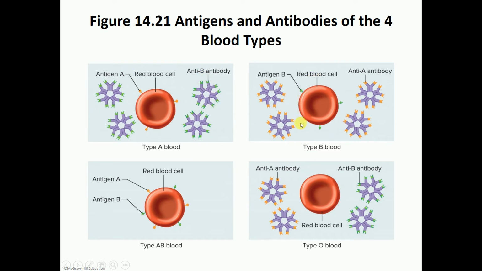Type B is the same, but if you move on to type AB, you can find that it has both types of antigens, A and B, and no antibodies. Type O blood, O again stands for zero antigens. The surface of this red blood cell has no antigens on it, but it has both anti-A and anti-B antibodies.